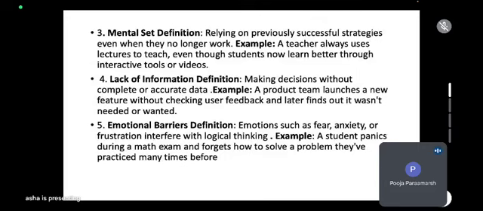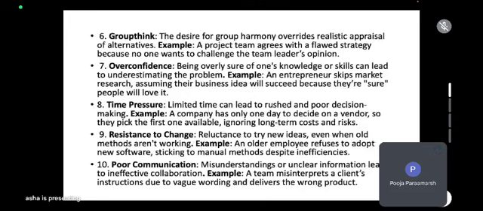Then we have group thinking, overconfidence, then time pressure, resistance to change, and last is poor communication. These are the barriers which hinder us in solving the problem. Okay, so this was the lesson on problem solving.